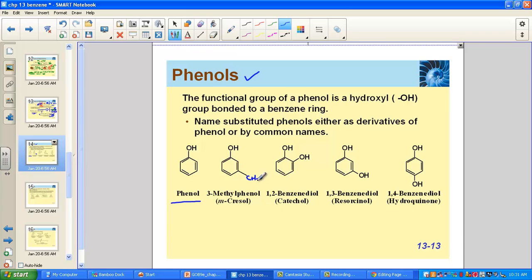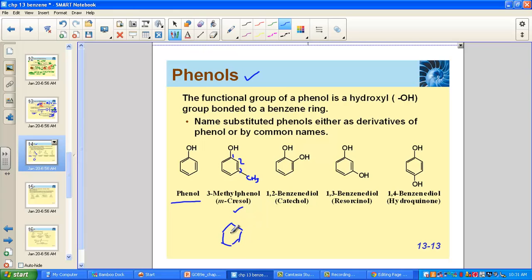If we have a methyl group, CH3, that is 3-methylphenol, 1, 2, 3, carbon 3. You might hear meta-methylphenol, but most often we're going to hear it called cresol, meta-cresol.